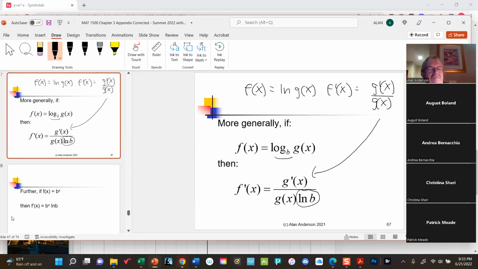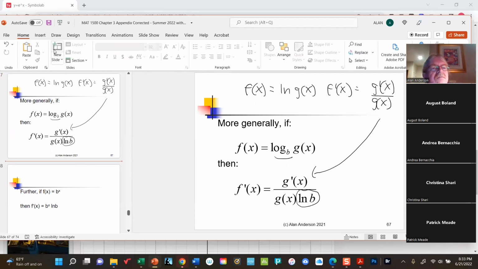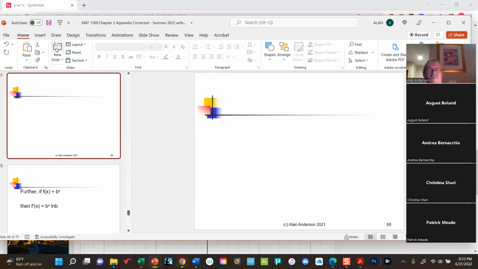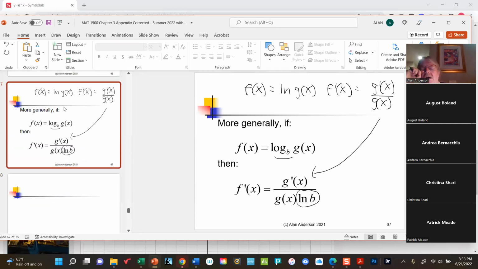All right, so maybe we'll make up an example here. First, let me just leave it here a little bit longer so you can see it. But so I'll just make up an example, and then I guess we can confirm it with Symbolab.